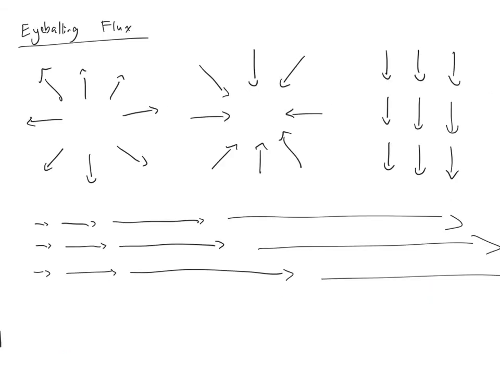So let's eyeball the flux of some vector fields just based on quick sketches of them. So for this first example, so here's 1, here's 2, here's 3, and here's 4.